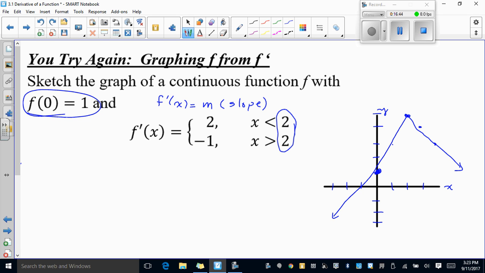They have to give you a starting point somewhere. Otherwise, this graph could be anywhere. It can be up, it can be down. I can't move it sideways, but I can move it up and down. And if they didn't tell me f(0) equals 1, then I could have made f(0) be 5, and done it from there. So they do have to give you a starting point going that direction.